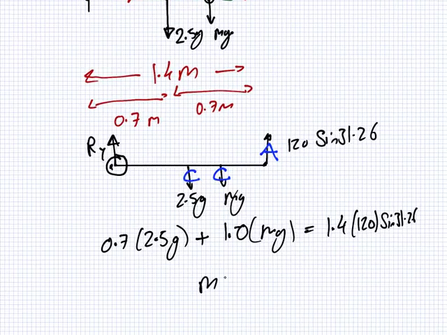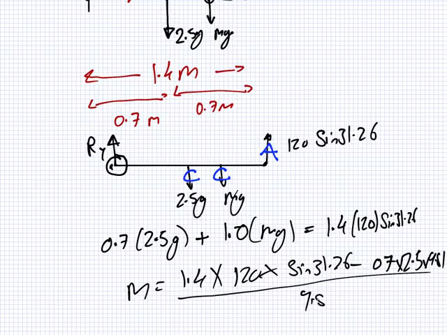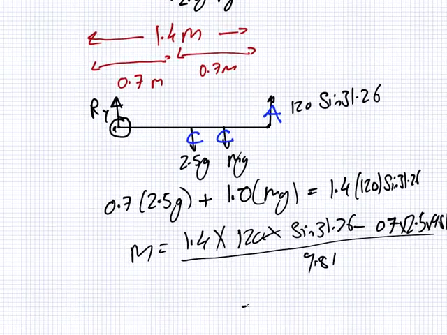So that means m will be 1.4 times 120 times sine 31.26 minus 0.7 times 2.5 times 9.81, all over 9.81. So 7.15 kg.